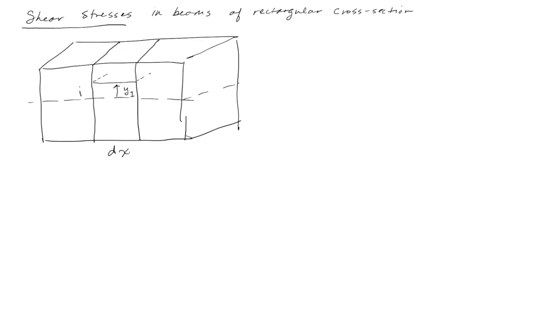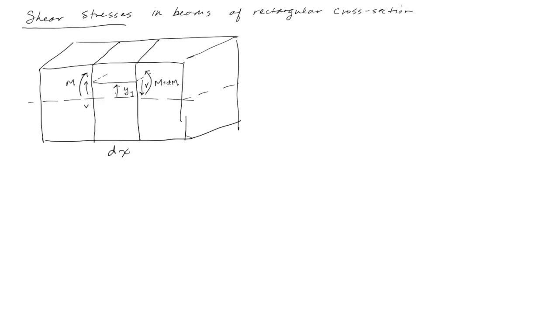If you look on either side of this cut, we're going to have a moment M and a shear V. And on the other side, we're going to have some change in the moment, M plus a differential change dM, and then the shear V, which we'll assume to be equal on both sides.